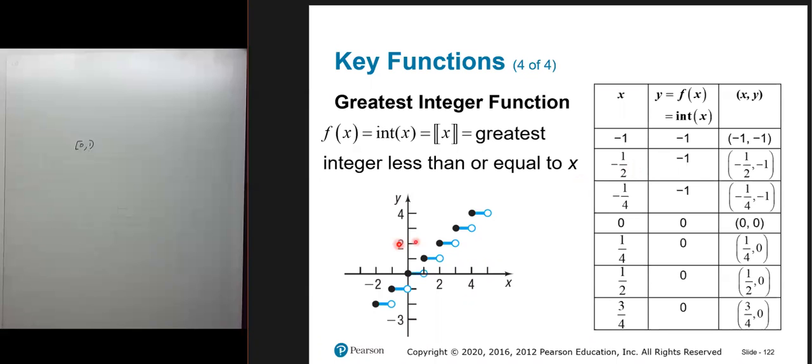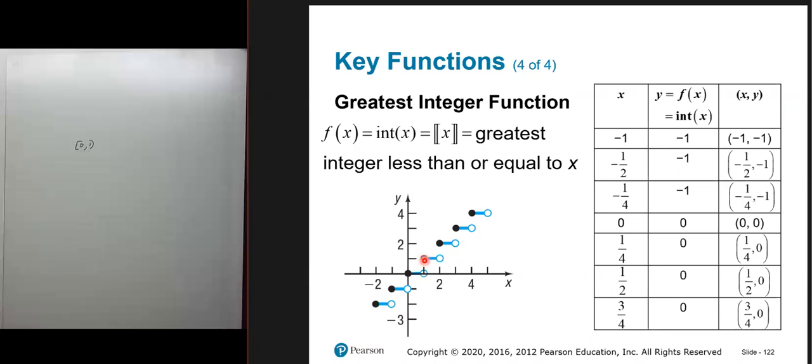So from -1 up to 0, all the y values are going to be -1 until we get to 0. Then we jump up to the number 0, and it's going to be 0 until we get up to 1. And once we get to 1, it jumps up to 1.